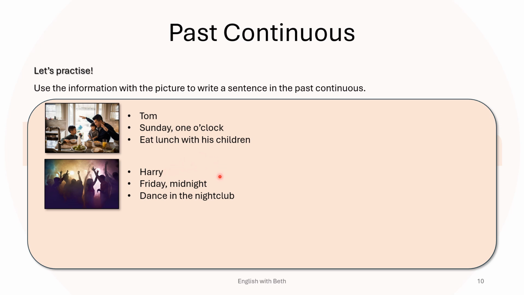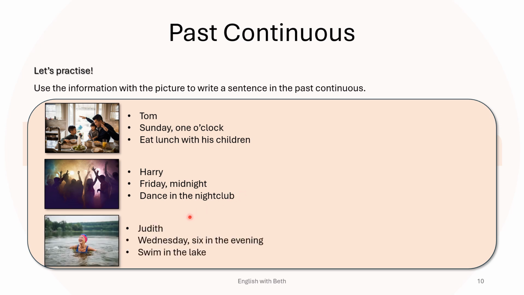The time is Friday at midnight, and the action is dance in the nightclub. And here is Judith. The time is Wednesday at 6 in the evening, and the action is swim in the lake. So pause the video now and see if you can write a sentence for each picture.